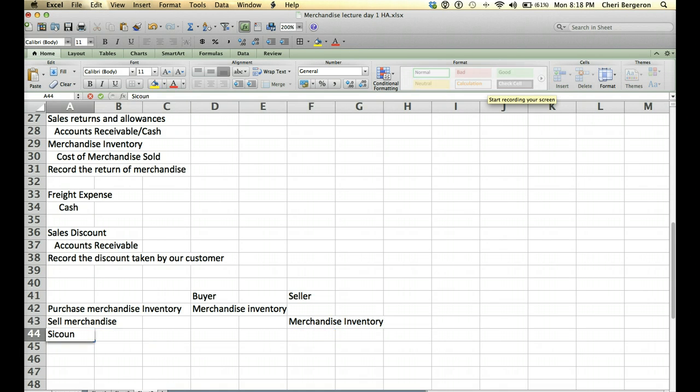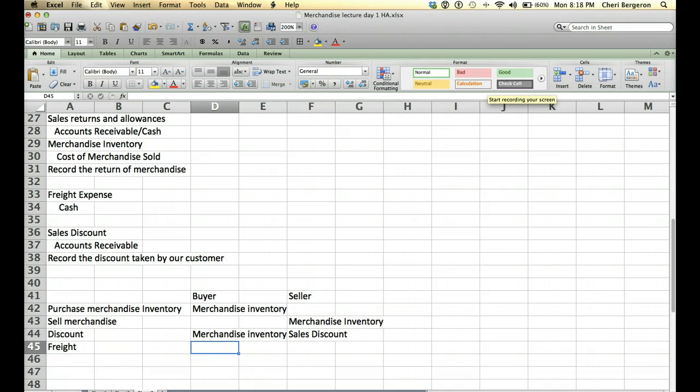If you have a discount and you're the buyer, you're going to reduce merchandise inventory. But if you are the seller, then you're going to use a contra sales account, which will be called sales discount. If there's freight involved, if you're the buyer and you're paying for freight on your merchandise inventory coming in, freight in, you're going to debit merchandise inventory.